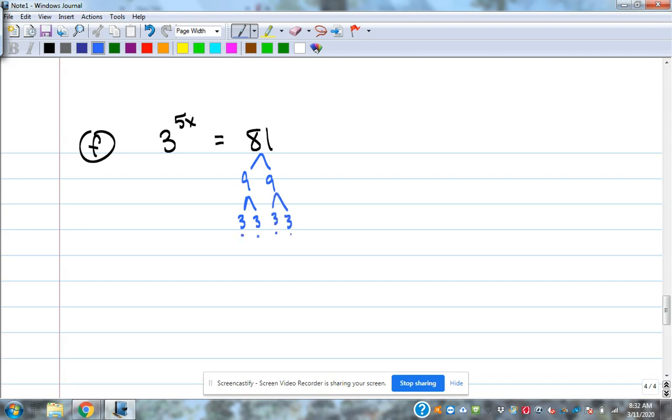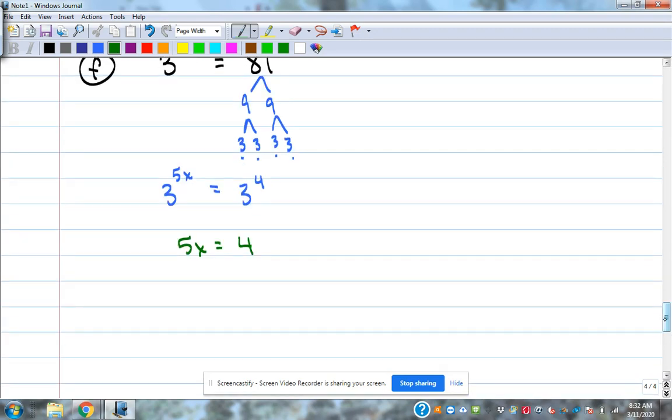So that's 1, 2, 3, 4. 3 to the 4th power. And then how do you get x by itself? Divide everybody by 5. Boom. See, I told you it's my favorite part.